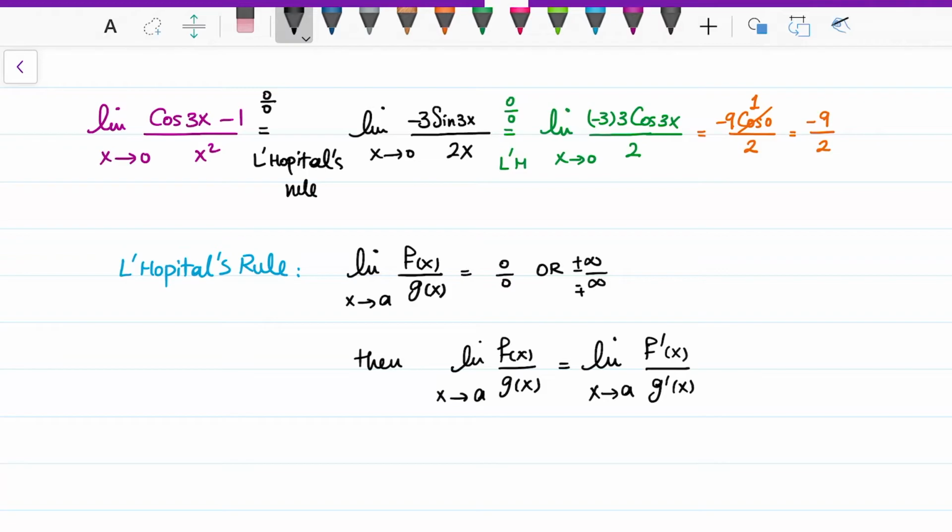Okay, so a here can be any number, or it can be positive or negative infinity.